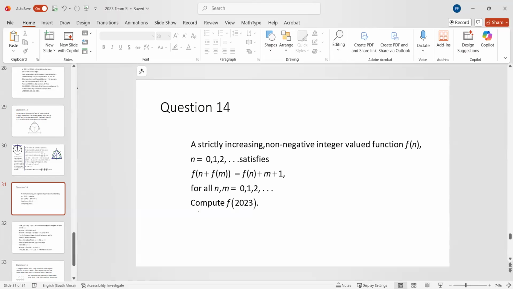There's a name given to these types of equations: functional equations. I think they call them functional equations because equations are defined in terms of functions. So you've got an integer valued function, which means that for each n from 0 onwards, for 0 and 1 and 2 and 3 and so on, you've got a function f.